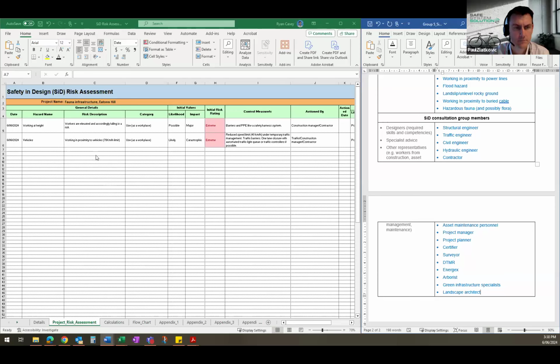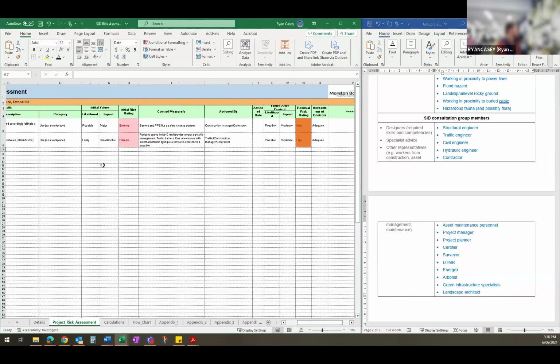So there's a likelihood that there could be an extreme risk based on the matrix, as someone could get seriously injured.